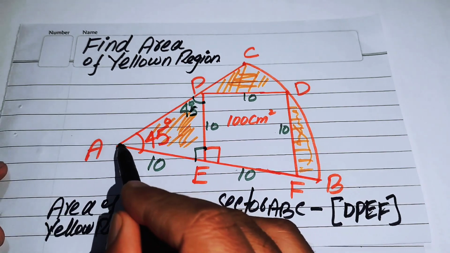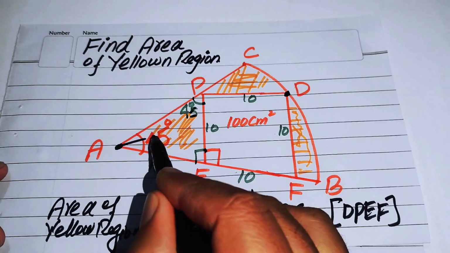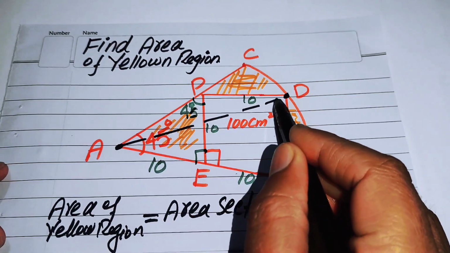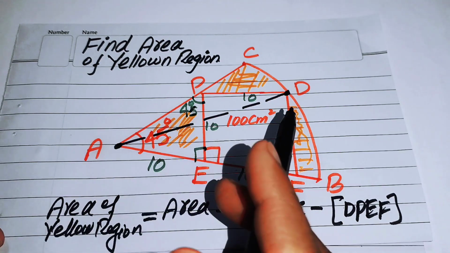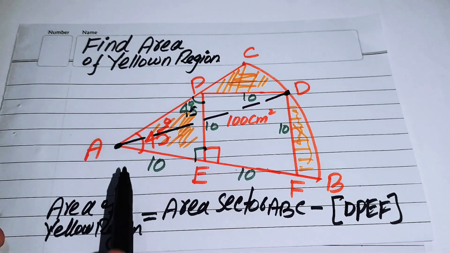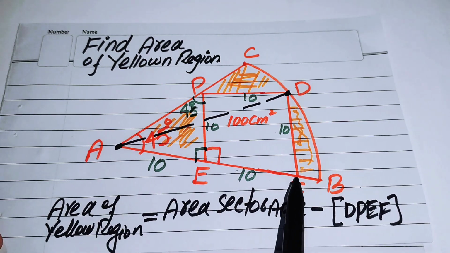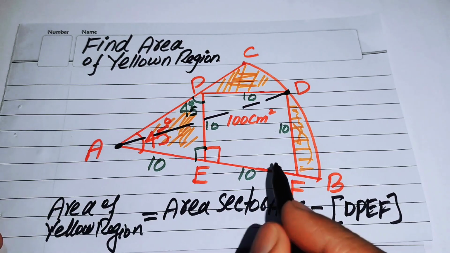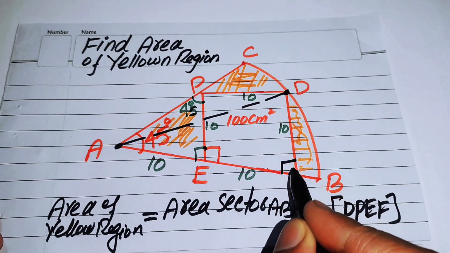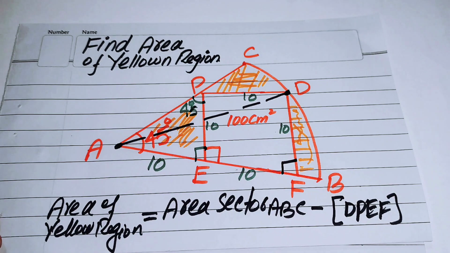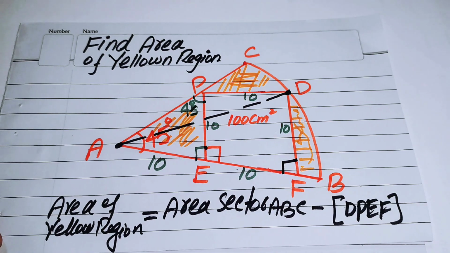Now, to move toward finding the radius, we can join point A to point D. When you join A with D, you get a nice right triangle, AFD, because this is the corner of the square, so it makes an angle of 90 degrees, since all the corner angles of a square are 90 degrees.